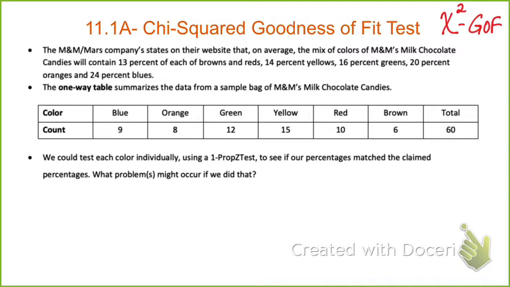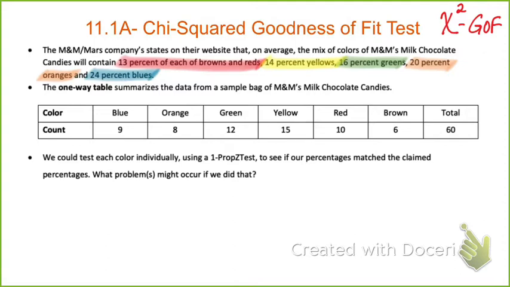The Mars company states on their website that on average the mix of colors of M&M's milk chocolate candies will contain 13% each of brown and red, 14% yellow, 16% green, and 20% orange, and of course there's 24% of those wonderful blue raspberry M&Ms because they taste like raspberries.